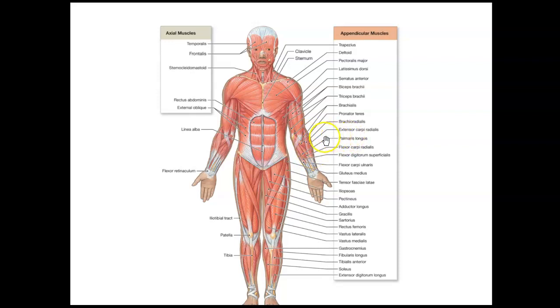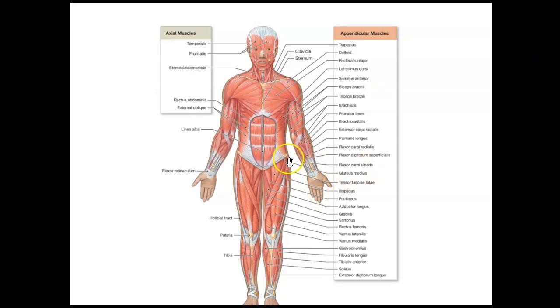Extensor carpi radialis, the palmaris longus, the flexor carpi radialis, the flexor digitorum superficialis, the flexor carpi ulnaris. So any of these that are called flexors, they allow you to flex at the wrist or flex your fingers. And then the ones called extensors allow you to extend into the anatomical position again.